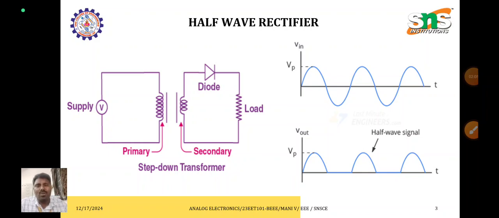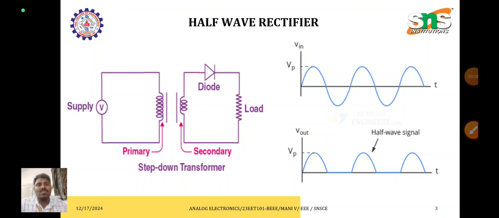The supply voltage consists of a positive half cycle as well as a negative half cycle. So positive, negative, it will continue like that. During the positive half cycle from 0 to pi, the current direction will be upwards positive and downwards negative. The current always flows from positive to negative.